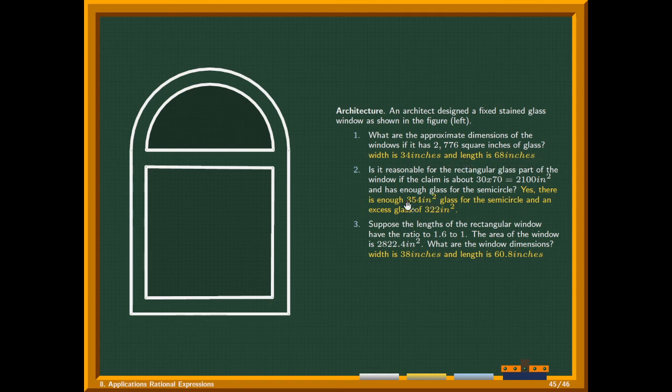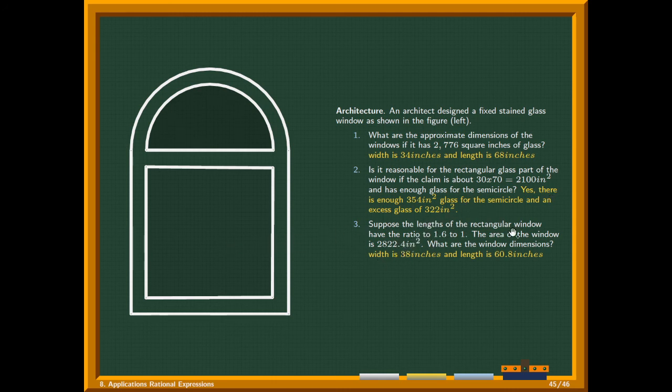Then for the second situation, is it enough for the glass intended for the semicircle if the rectangular portion of the window is adjusted to 30 by 70, or 2,100 square inches? The result is yes, there is enough, 354 square inches for the semicircle, and actually an excess of 322 square inches.